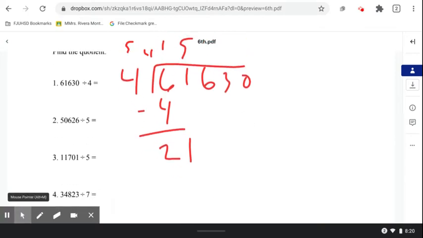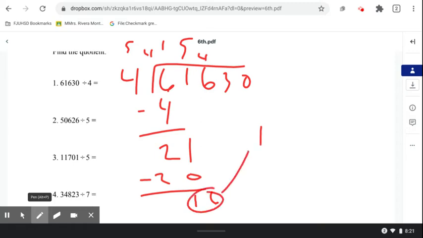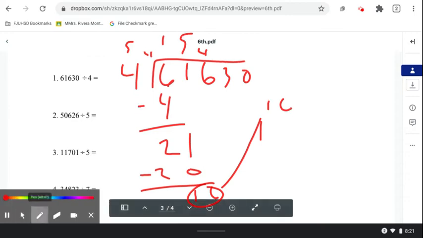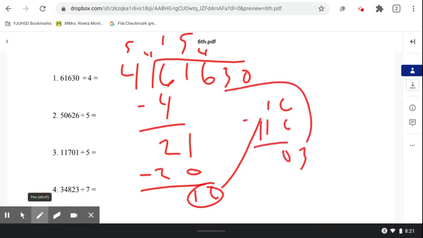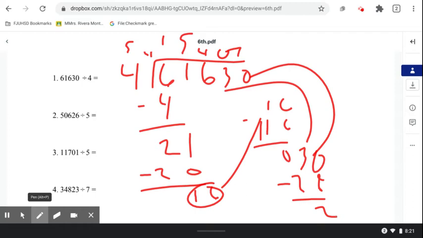Let's move this over here to get 16. Subtract 16, 0, take this, move over here, 0, take this, move over here, and then you get 7, 28 minus 2, and so there's a remainder of 2.